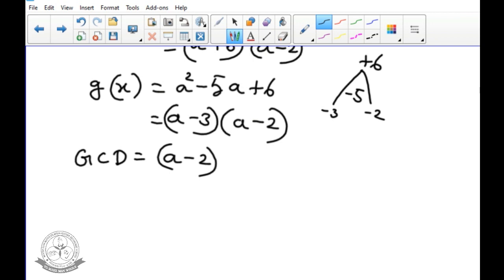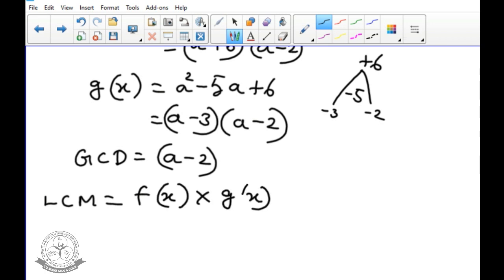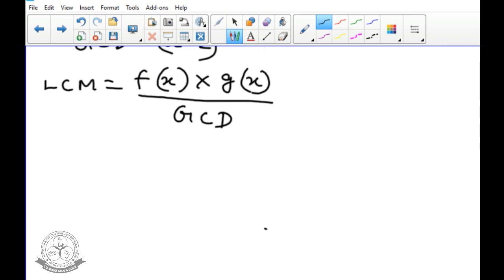So from the first formula we have to find the LCM. You have to write like this: LCM equal to f of x into g of x by GCD. From the first formula we can get the remaining formulas also. LCM equal to f of x into g of x by GCD.